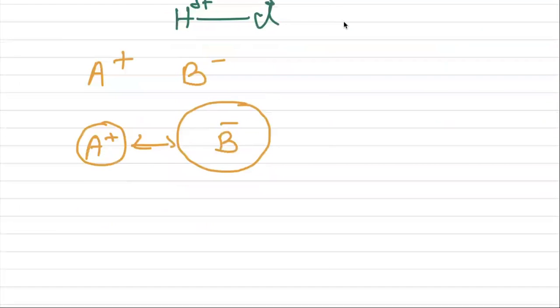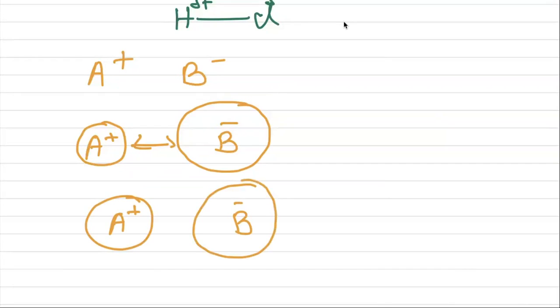This positive charge distorts the electron cloud around the negative ion, because negative ion means electron density is higher over there. Previously it is like this, and now it becomes like this, that is, the electron cloud is distorted.